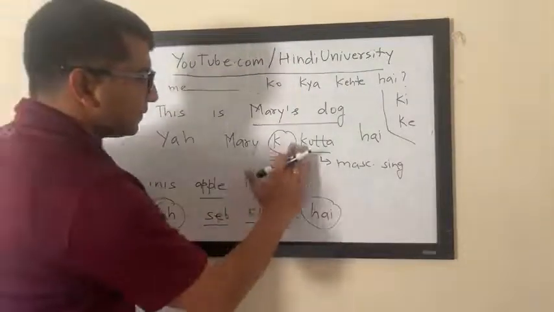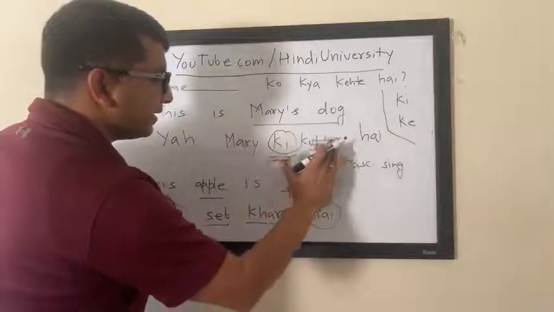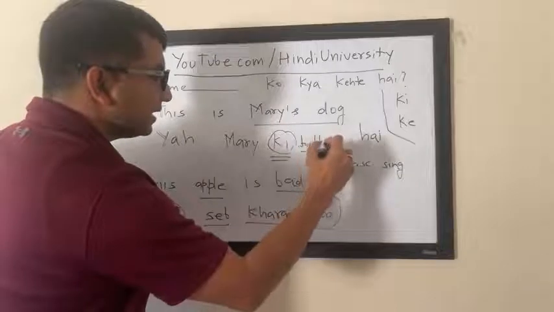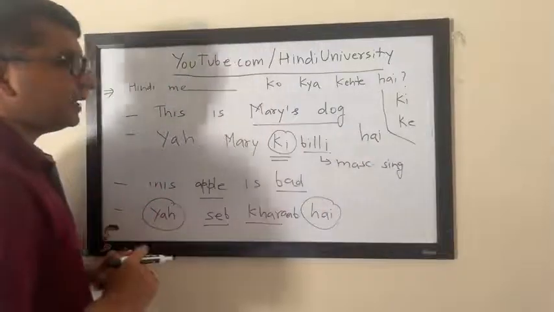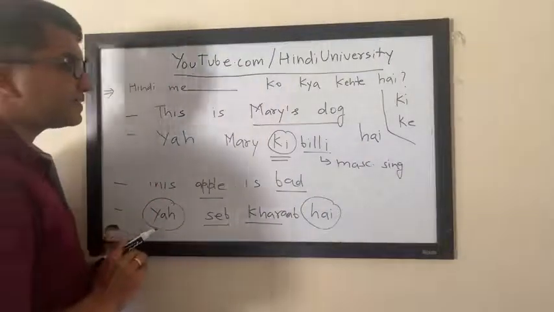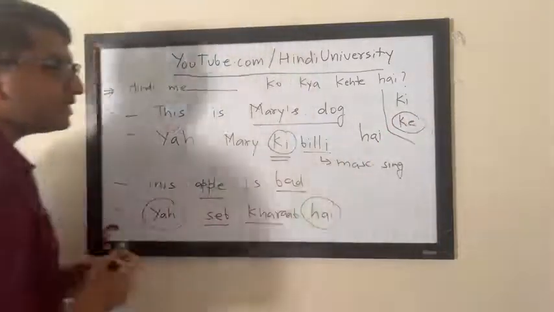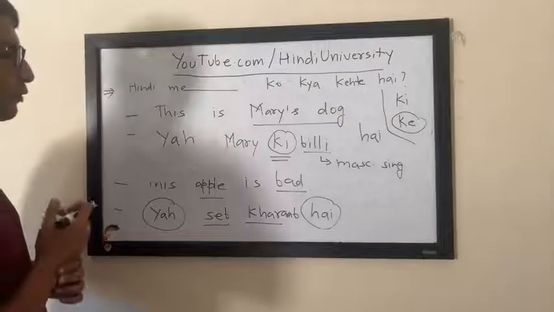Mary की बिल्ली. Okay, so if it is cat, you will say यह Mary की बिल्ली है. Now I want you to tell me how will you use ke here.